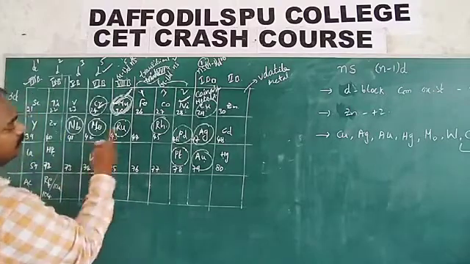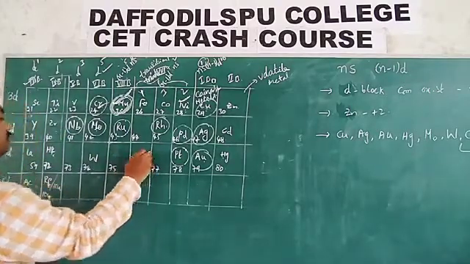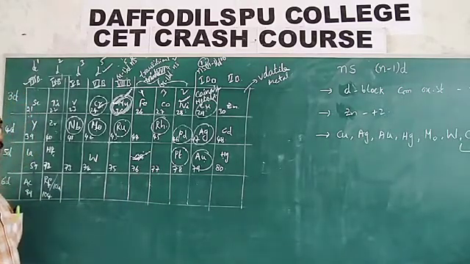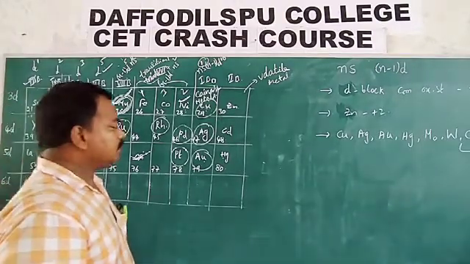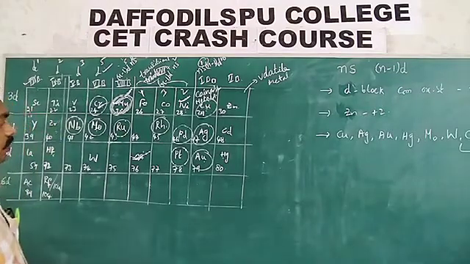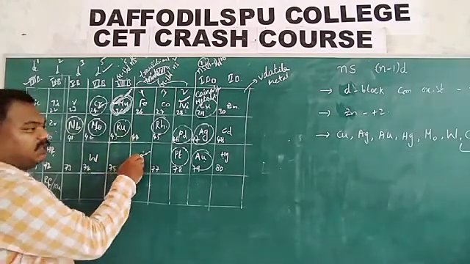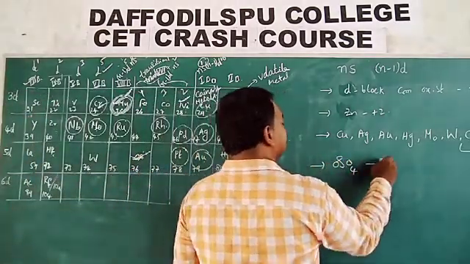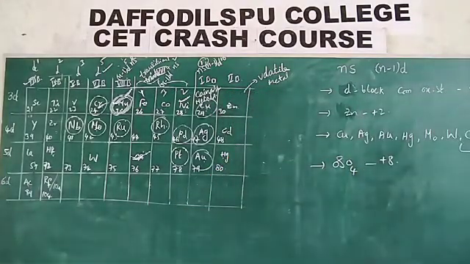In the periodic table, the highest oxidation state is exhibited by osmium, and ruthenium also. First we look at osmium: its highest oxidation state is +8, and that +8 oxidation state is observed in OsO4.